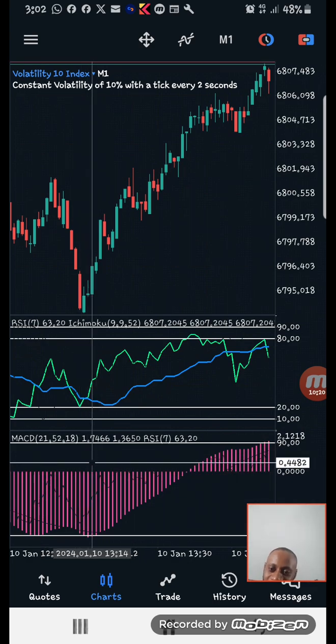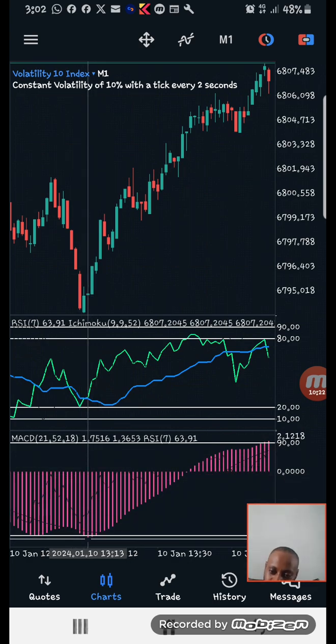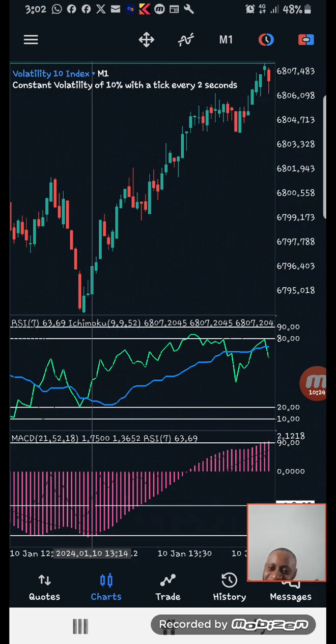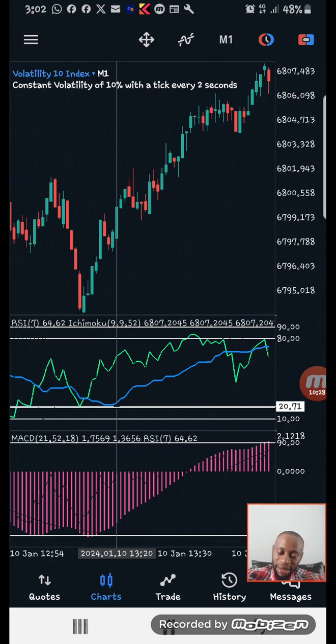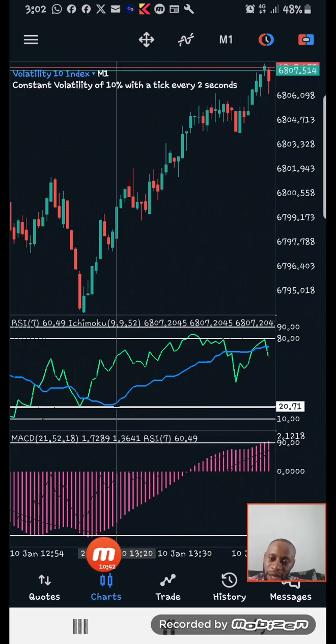When you see the MACD break through the oversold level and remain there, it did not go back up. That is one entry signal, a buy entry, because it broke out at the oversold level.